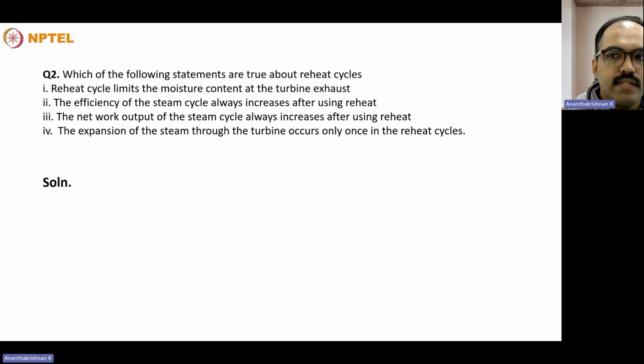Reheat cycle limits the moisture content at the turbine exhaust. The efficiency of the steam cycle always increases after using reheat. The net work output of the steam cycle always increases after using reheat. The expansion of the steam through the turbine occurs only once in the reheat cycle.